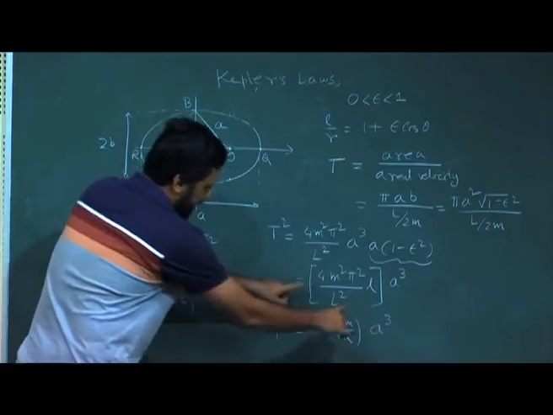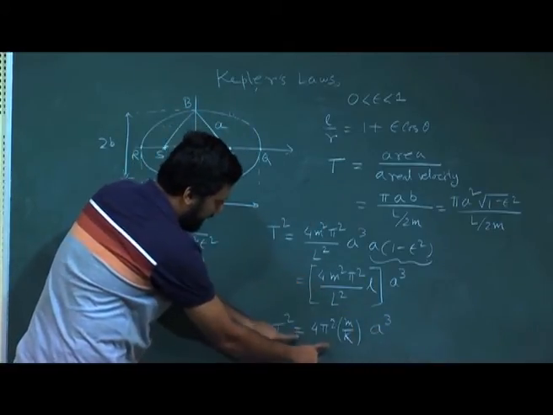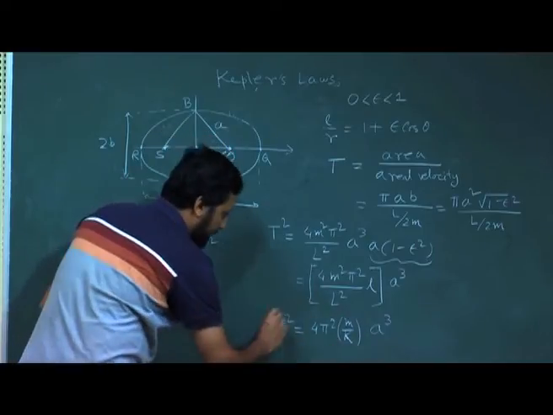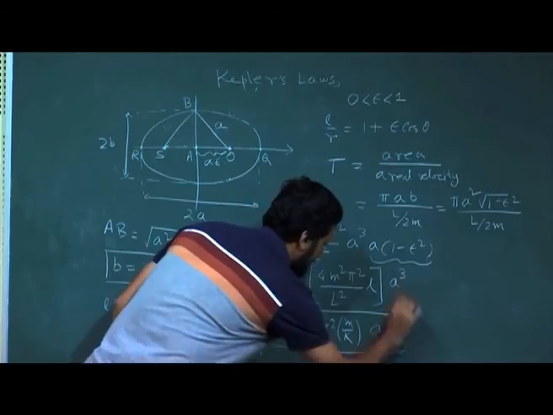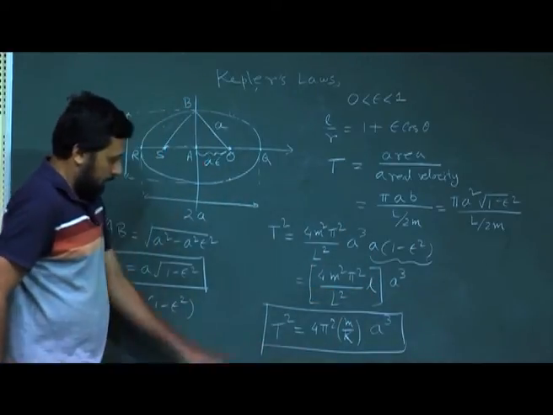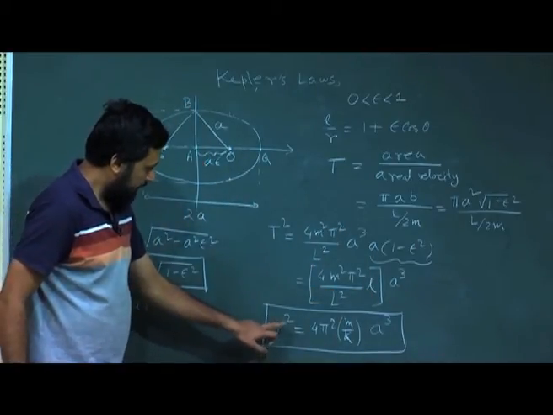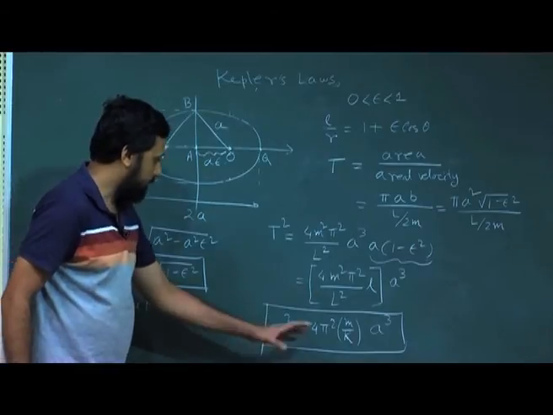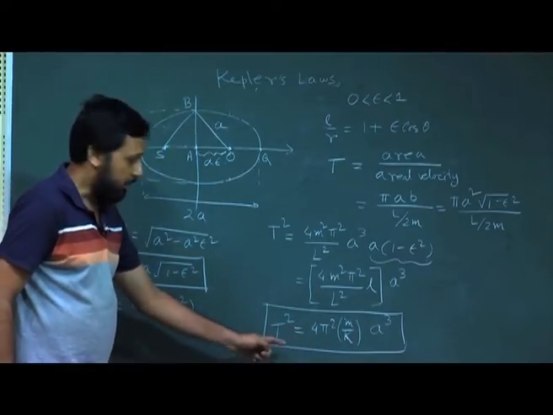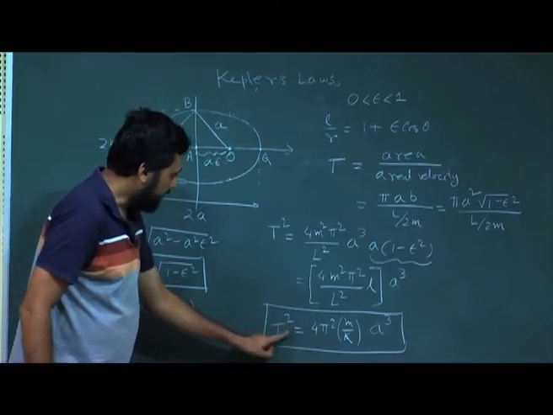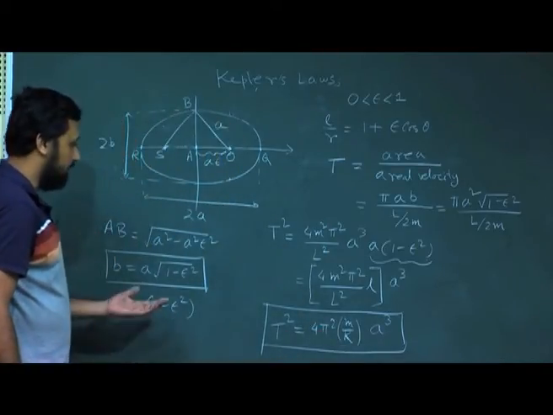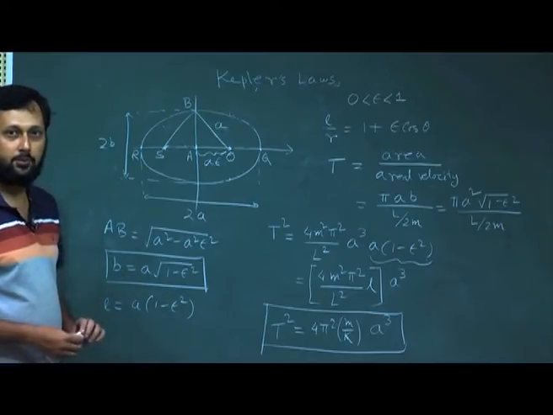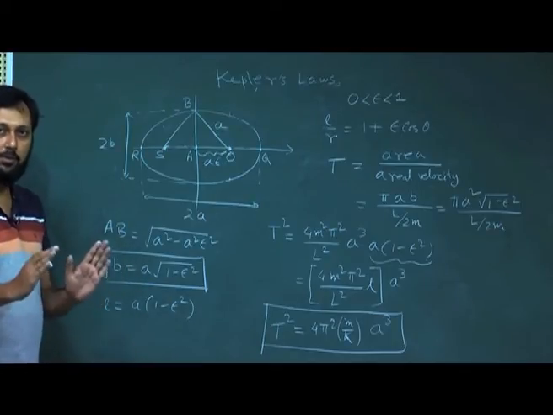So, the term in the bracket can be simplified to this. I am leaving it to you to do it yourself. It is nothing difficult, you just have to put in the value of L. So, we immediately see that T square is some constant times A cubed, which essentially means T square is proportional to A cubed. So, we have formally proved Kepler's third law.